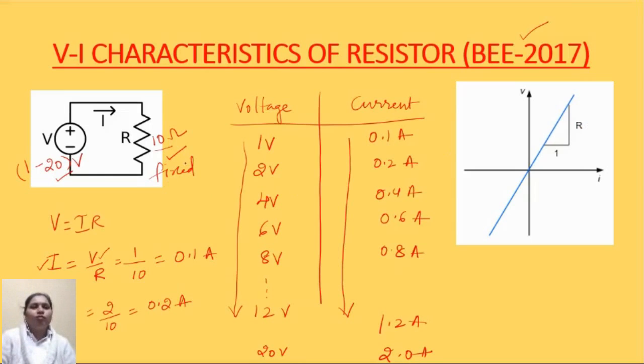If you take another value of resistor, for example 20 ohms, with the same values of voltages, you may get the currents as follows. The first current will be I equal to 1 by 20, which is 0.05.